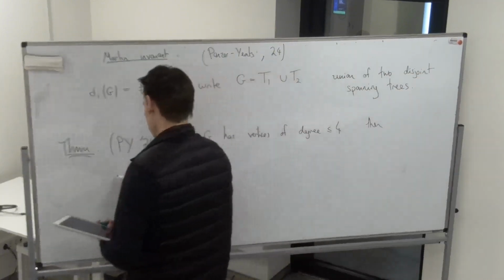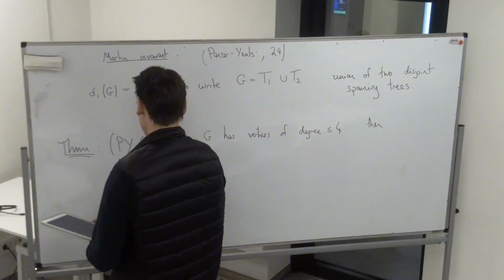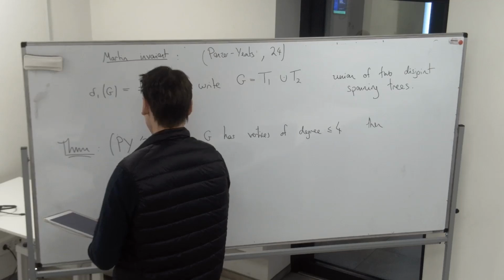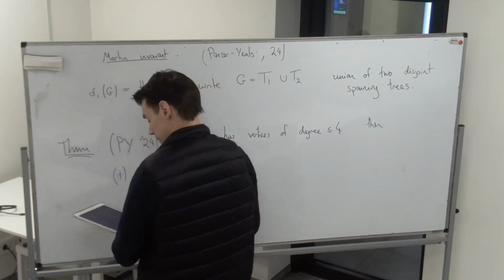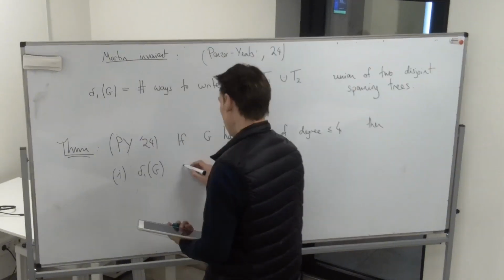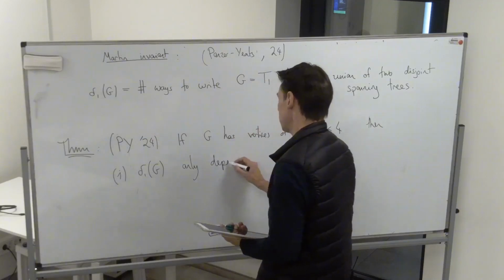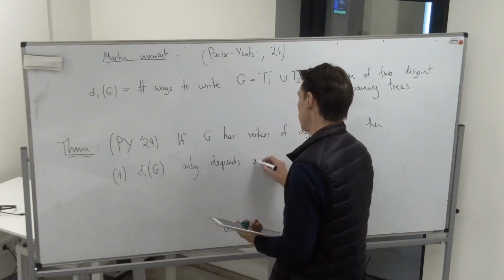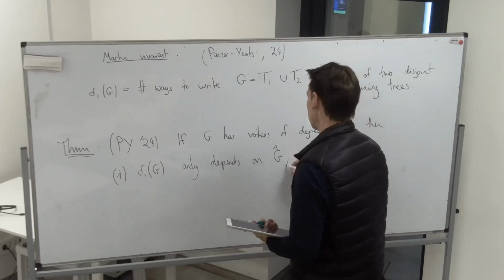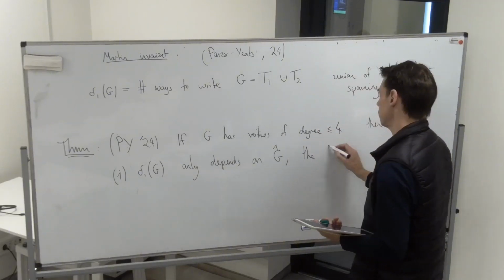delta 1 of G only depends on G hat, the 4 regular completion.